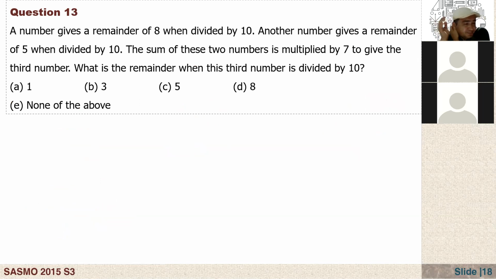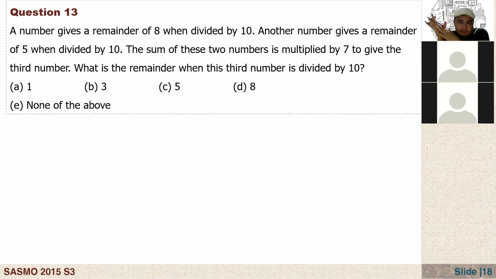Javid, can you read the question? A number gives a remainder of 8 when divided by 10. Another number gives a remainder of 5 when divided by 10. The sum of these two numbers is multiplied by 7 to give the third number.